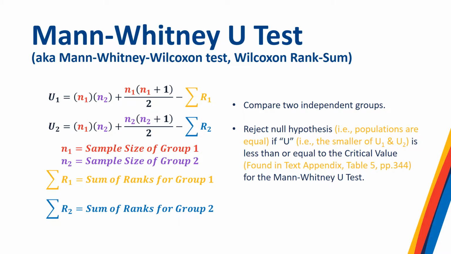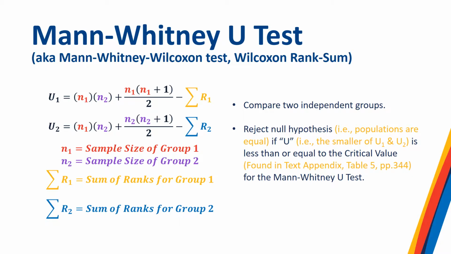Basically, what we do here is we take the values, we calculate their ranks, and then we plug them into these U formulas. We plug in just the sample size and the sum of the ranks from our 2 groups that are independent from one another.